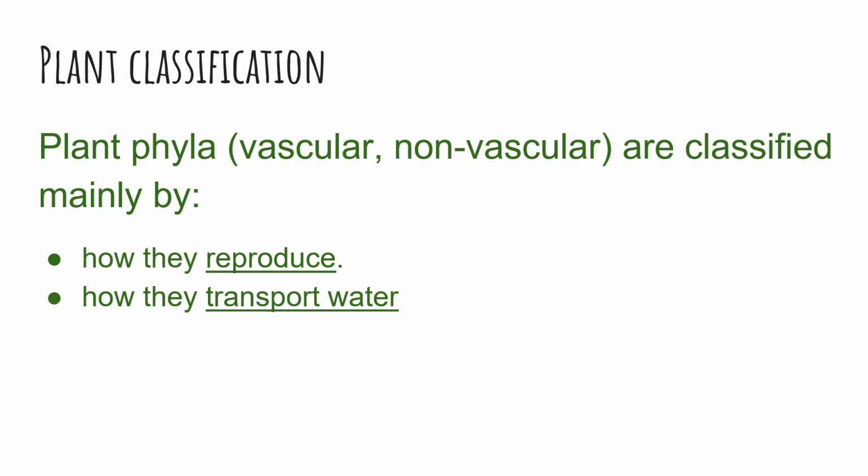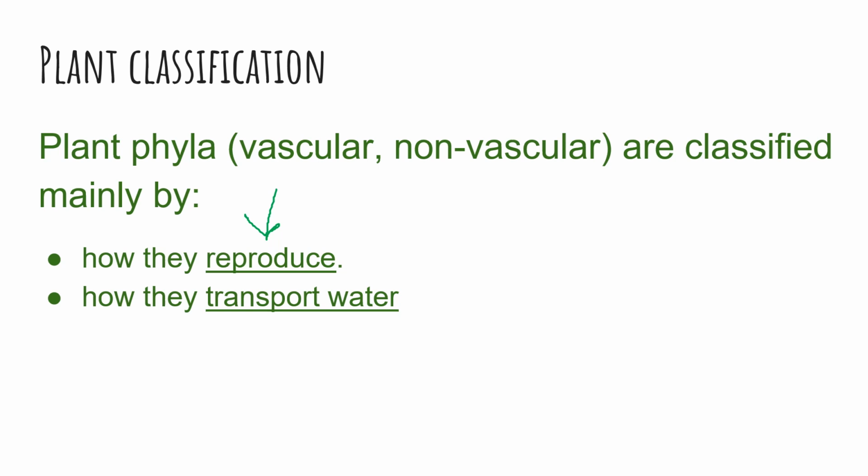What determines whether or not they go into the vascular or non-vascular phyla has to do with how they reproduce. They reproduce sexually through seeds, or asexually or non-sexually through spores, or kind of like cloning itself. Runners is one. Other types, we'll talk about those later.